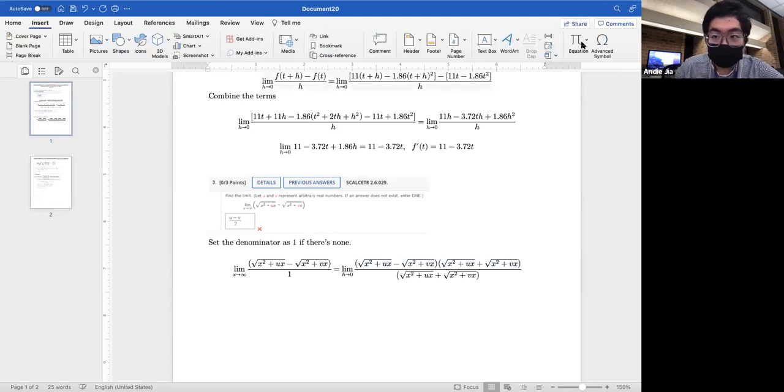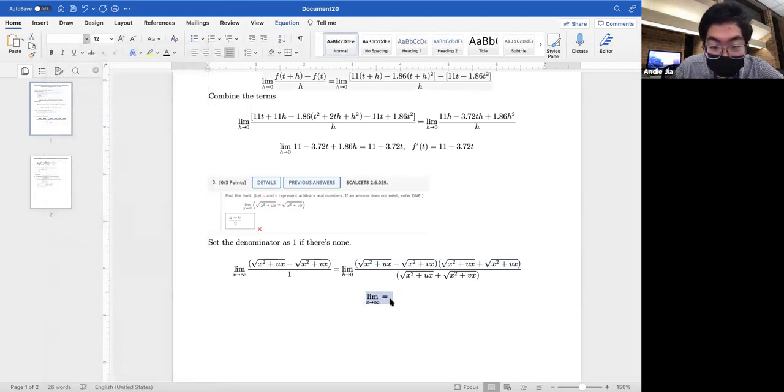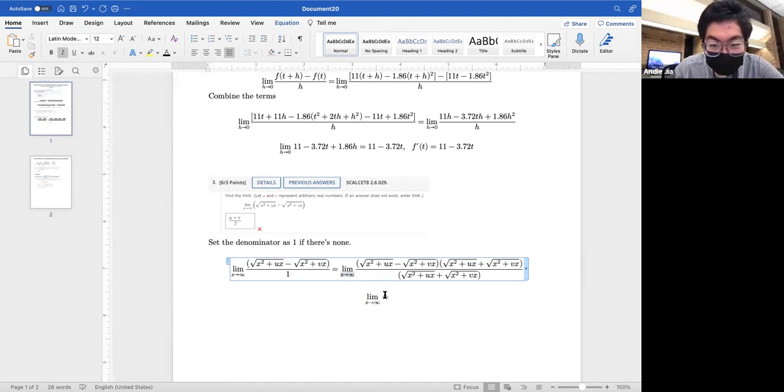This is still another limit. Make sure that x approaches infinity.